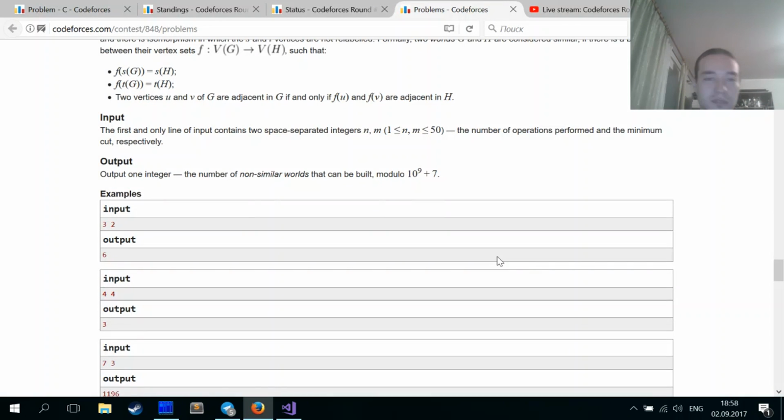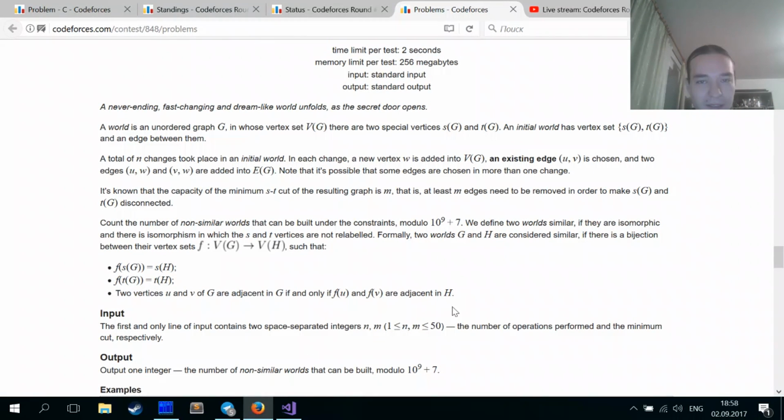So it would be not a very hard problem, but we have this condition of counting non-isomorphic graphs with certain conditions. So we have to be very careful about the order in which we add the graphs.